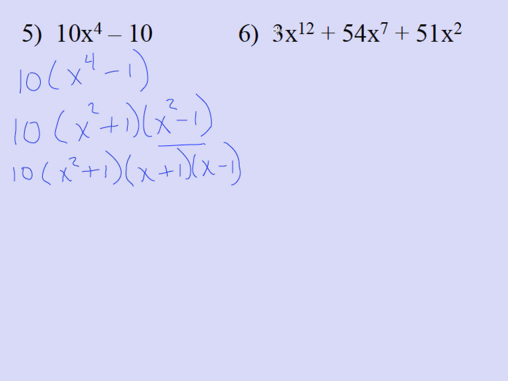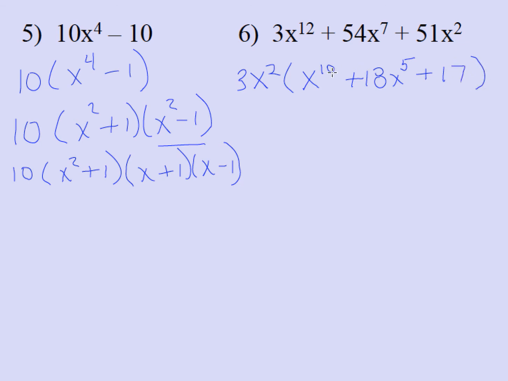Problem number 6. What can I take out of all these? I can take out 3x squared. Leaves me x to the 10th plus 18x to the 5th plus 17.